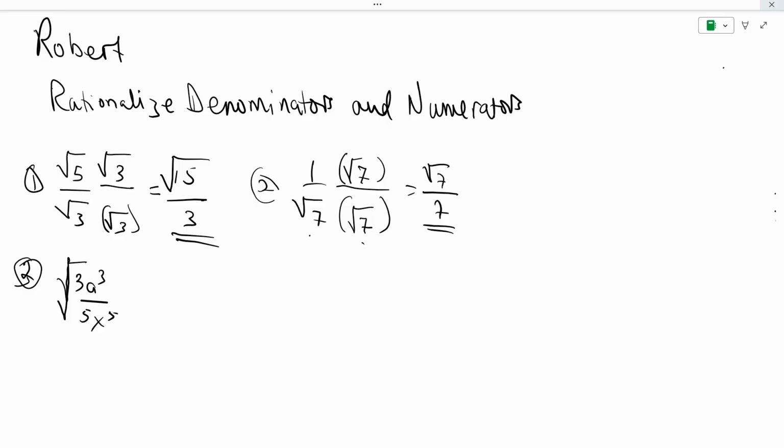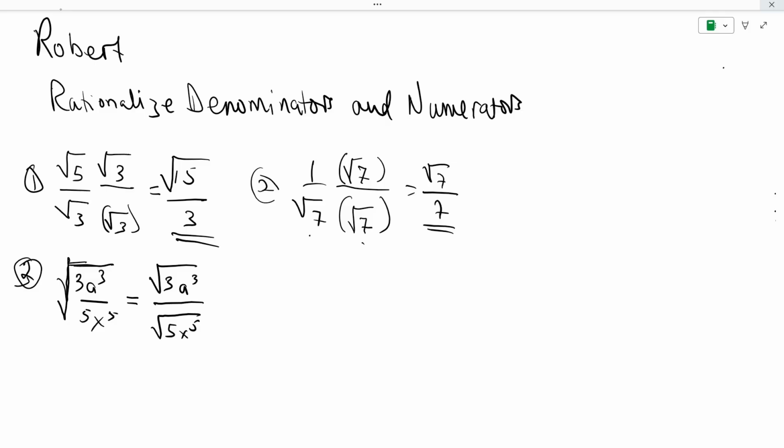So we need to look at the denominator here and see what we need to multiply it by to remove the root sign.